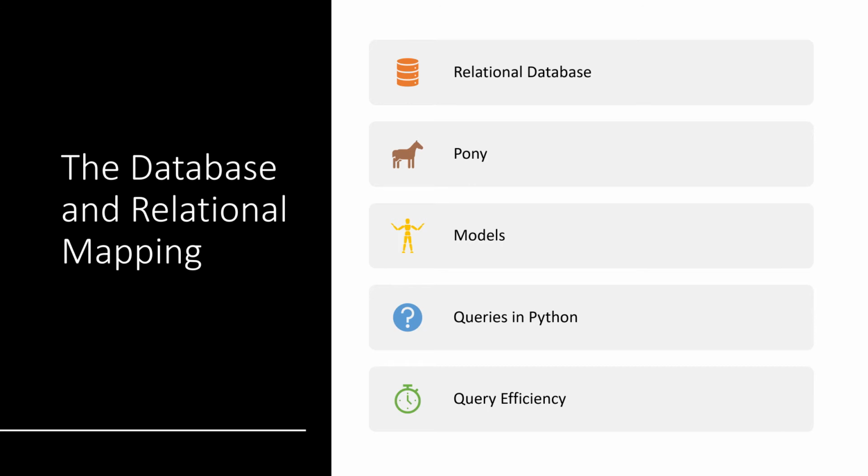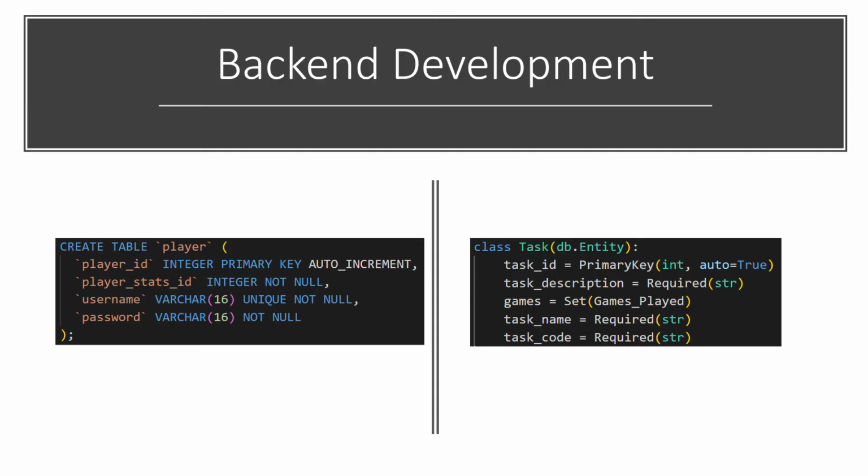If someone does a query, say they're just asking for a player, like someone signing in, so I need to get a player and check their user ID, then if that query was done again, I wouldn't have to go to the database. It would already be stored in the models in the web layer. And it was also just handier writing queries in Python than writing them in SQL. So this is just some of the backend development.